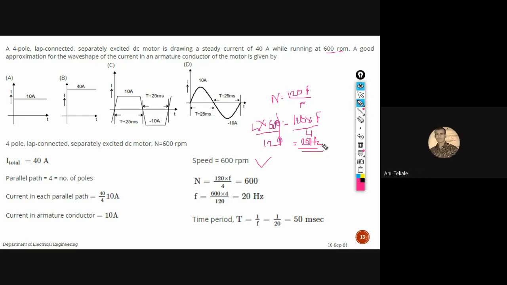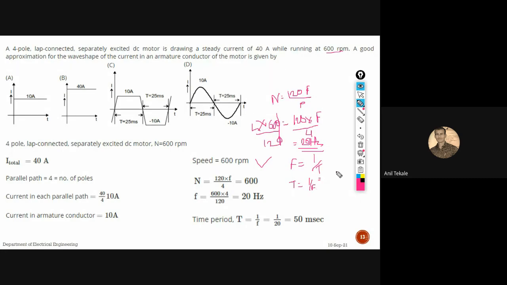So tell me, what is the relation of frequency and time? F is equal to 1 by T. So T is equal to 1 divided by frequency, right?